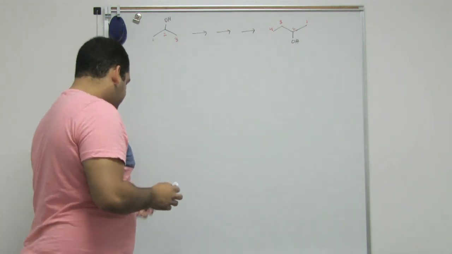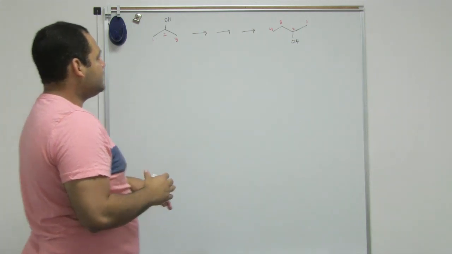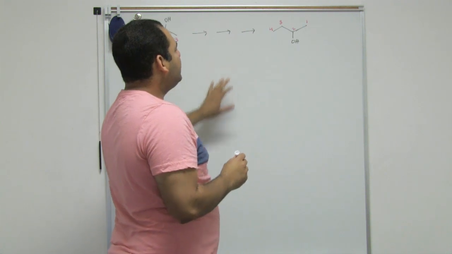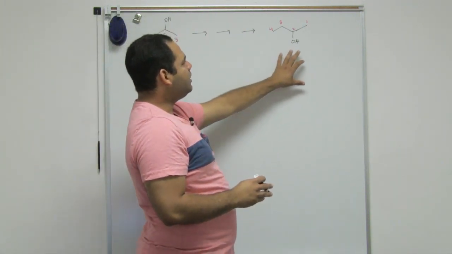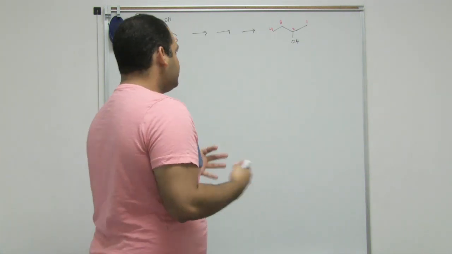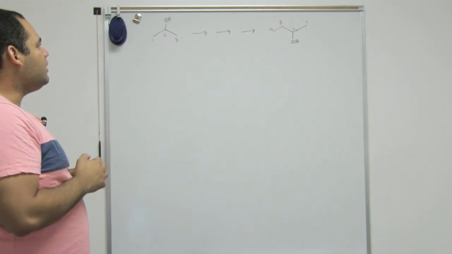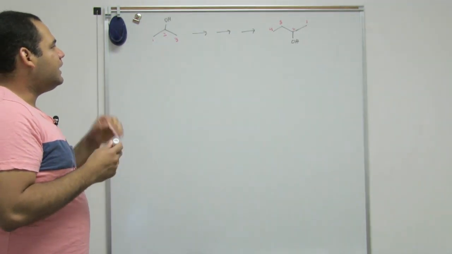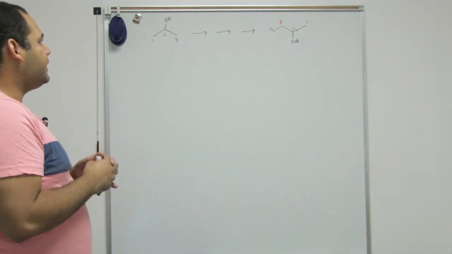So this gives us a hint that during my whole synthesis, I needed to use one of the chemistries I learned till now that will make carbon-carbon bond connections. So we learned that good carbon-carbon bond connections would be some sort of organometallic compounds, like a Grignard reagent, which will do the carbon-carbon bond connection.